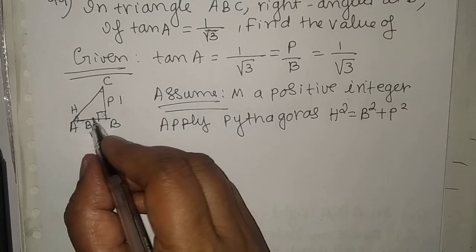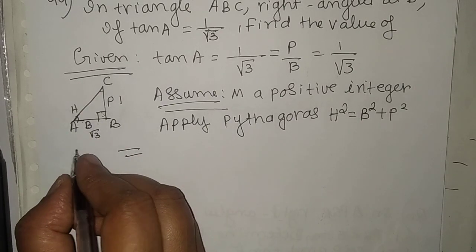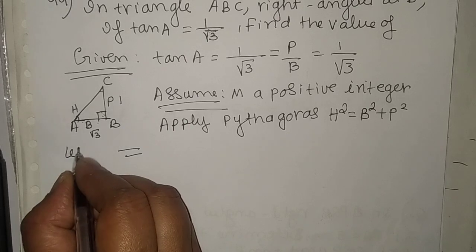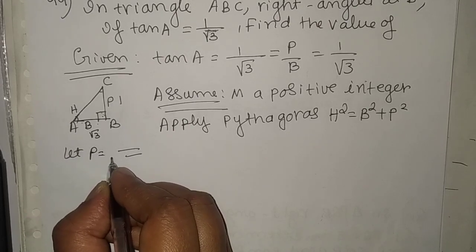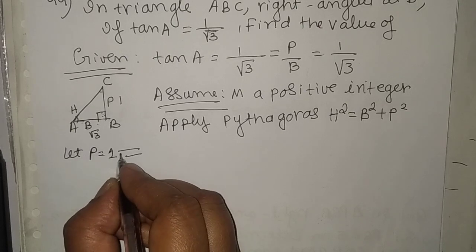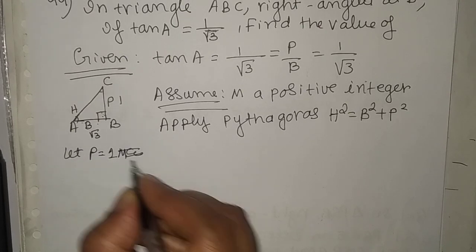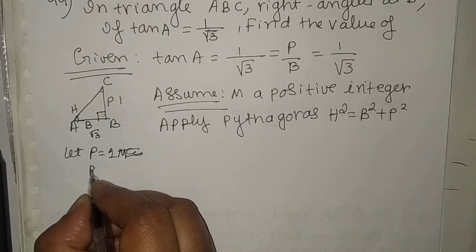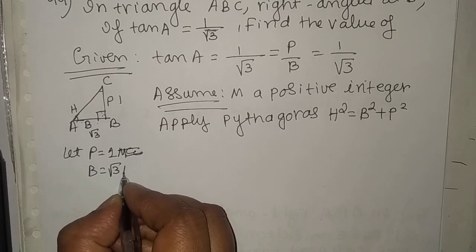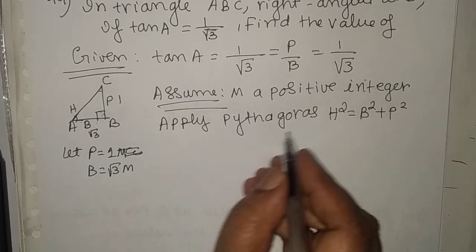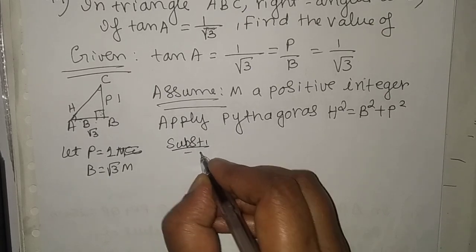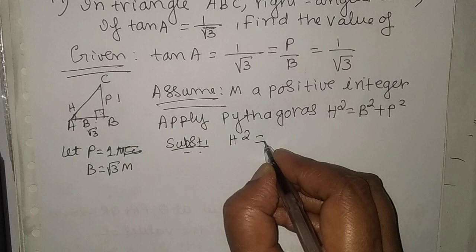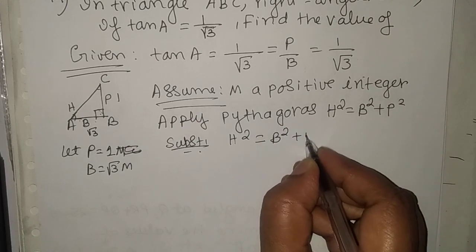Let P be equal to 1m, or m we can write, then B is equal to root 3m. Now substitute in h square is equal to b square plus p square.